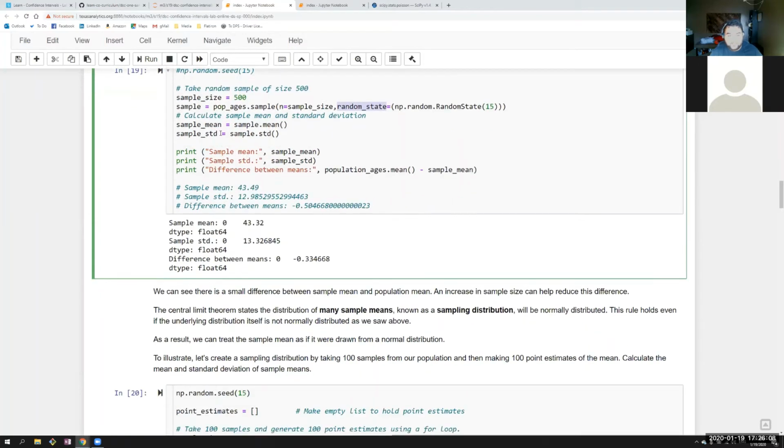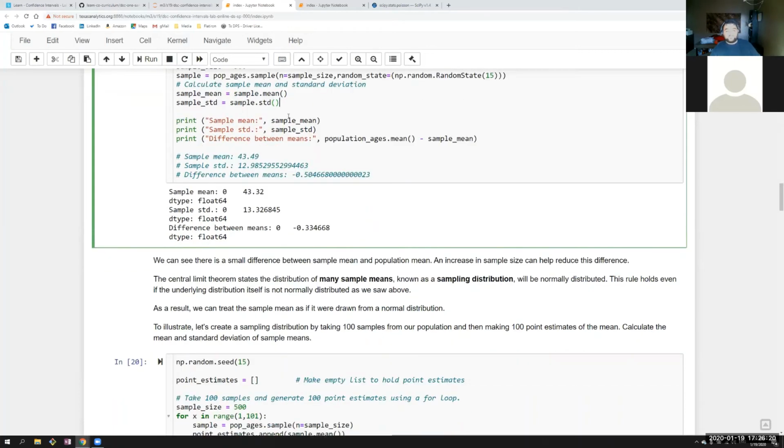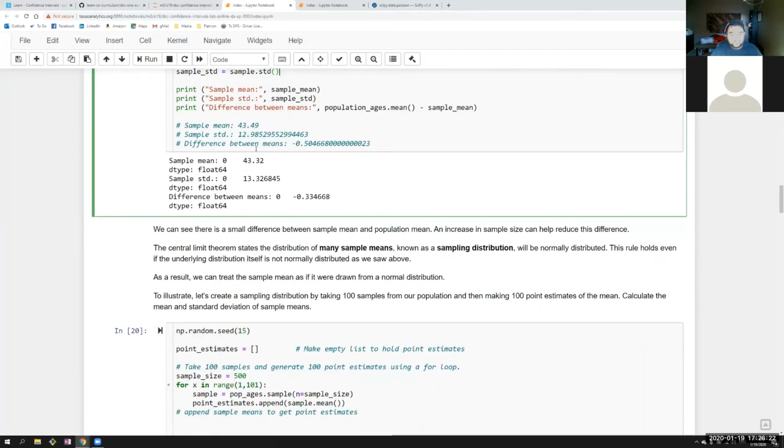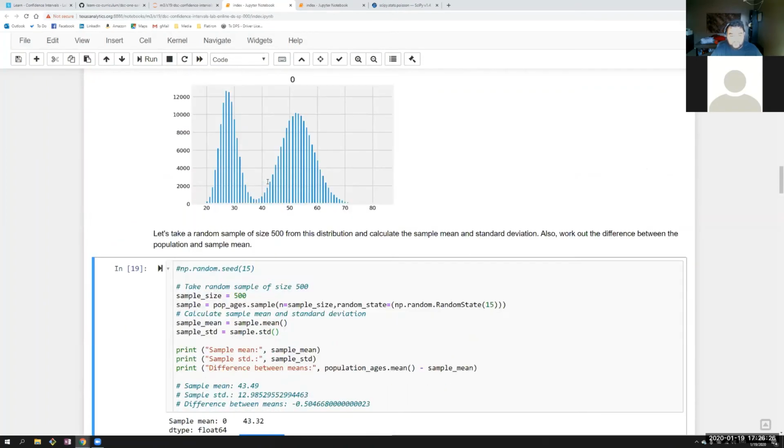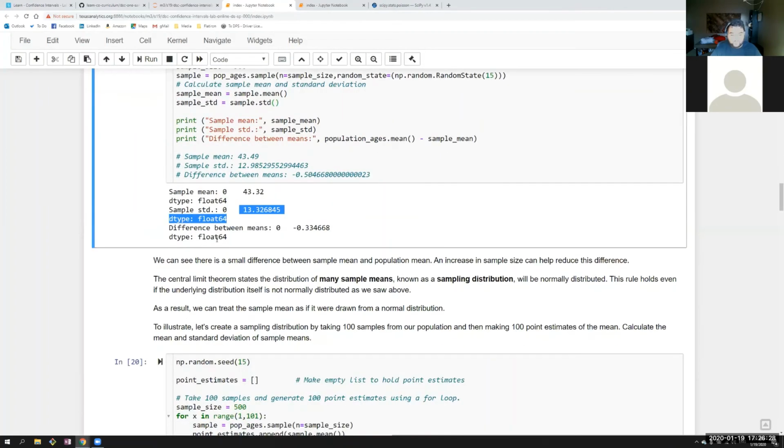Right. So sample mean is just going to be the sample data frame dot mean. Same thing as standard deviation is going to be sample dot std. Run the std method will get us the standard deviation. And now we're just going to print those out. That gives us our mean and our standard deviation. And that is the mean and standard deviation of the sample of 500 that we pulled, right?